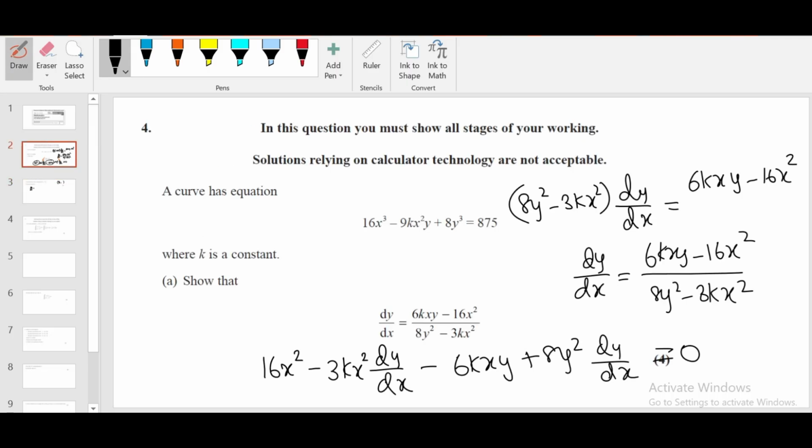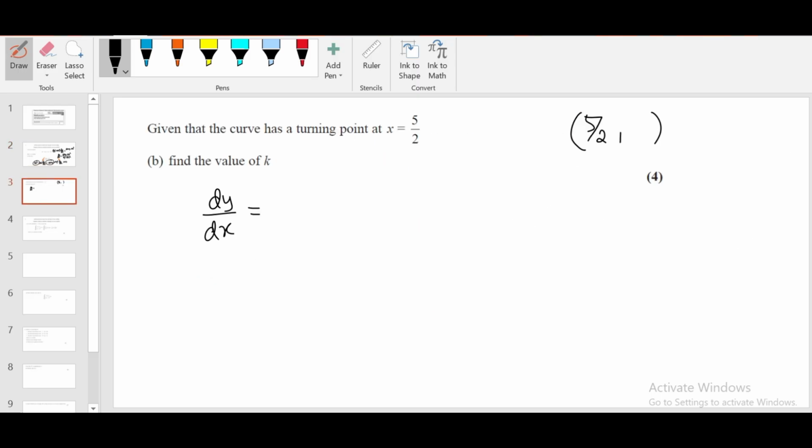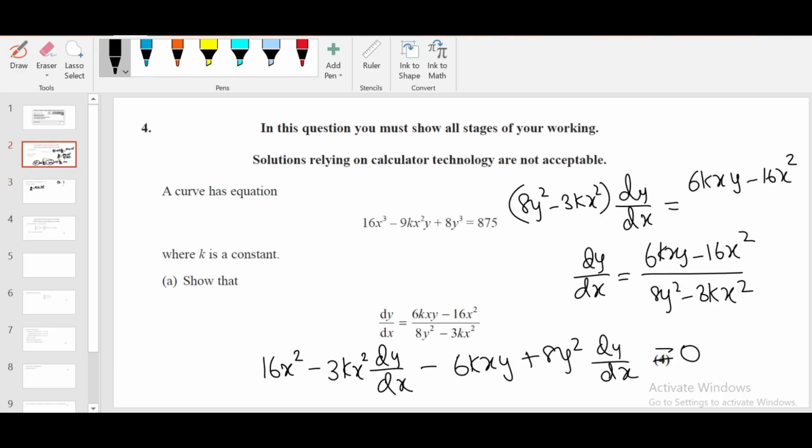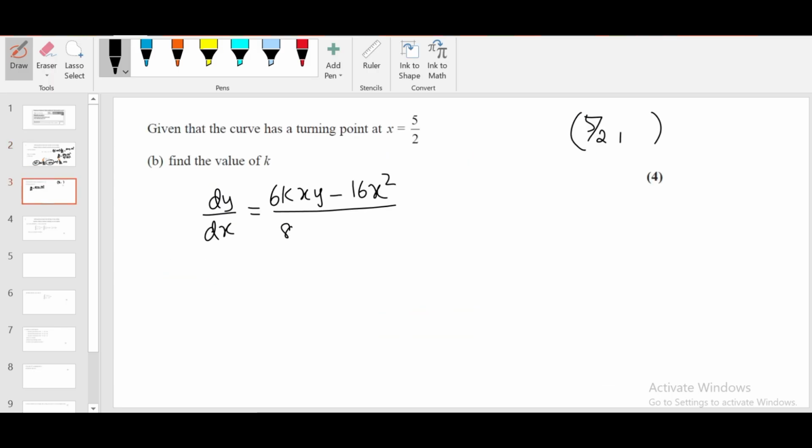We got dy by dx as 6kxy minus 16x squared divided by 8y squared minus 3kx squared. That's from part A. Now, when the curve has a turning point at x is equal to 5 over 2, when you sub in x is equal to 5 over 2 here, the dy by dx becomes 0.